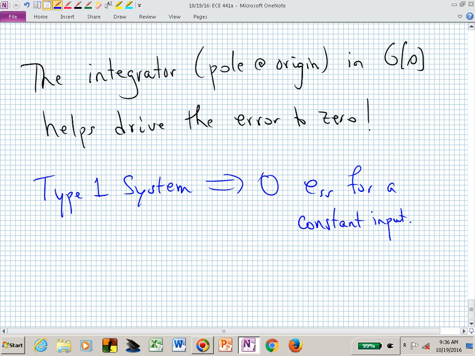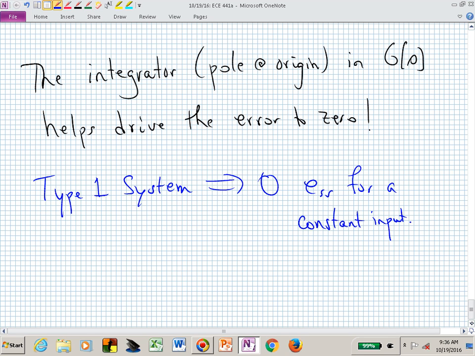And what did we have with a type 0 system as far as its steady state error due to a constant? We had 0.1 or less, or 1/2, a finite value of an error when we had a type 0 system. So as we increase the system type, we improve our steady state error.